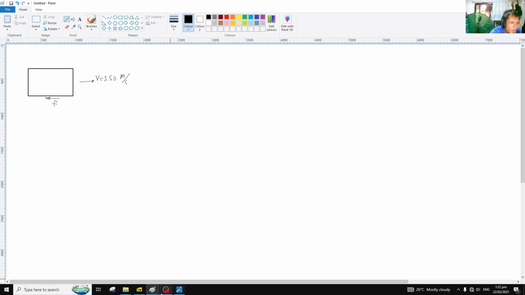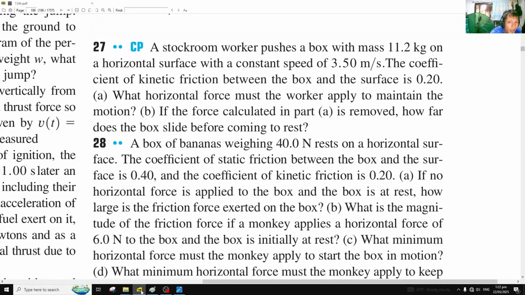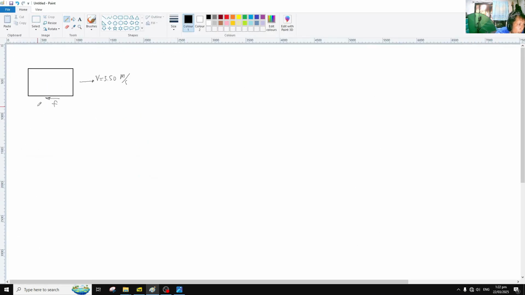Because your kinetic coefficient is given to be 0.2, you also have a normal force there, because you have an equation for normal force and the frictional force. And of course, you have the weight of this box, which is 11.2 kilograms.